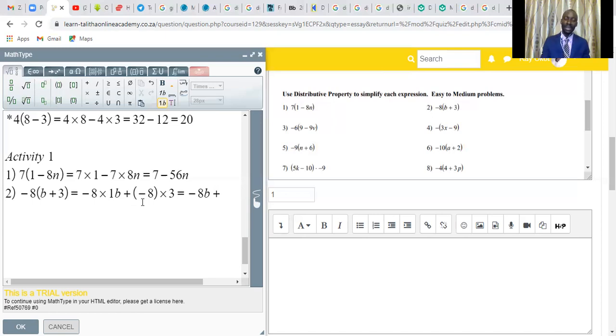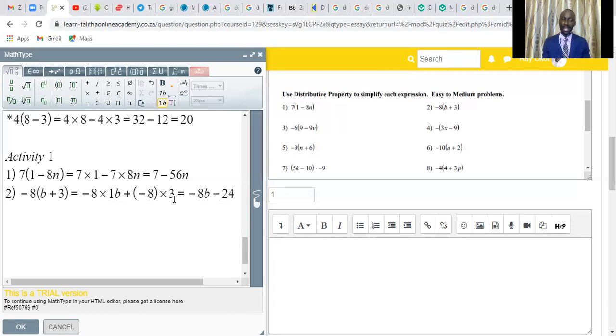Now notice that plus times minus gives a minus. And so when we now distribute 8 onto 3, that is multiplying 8 by 3, what we get is 24. And this leads us to the solution of question 2.